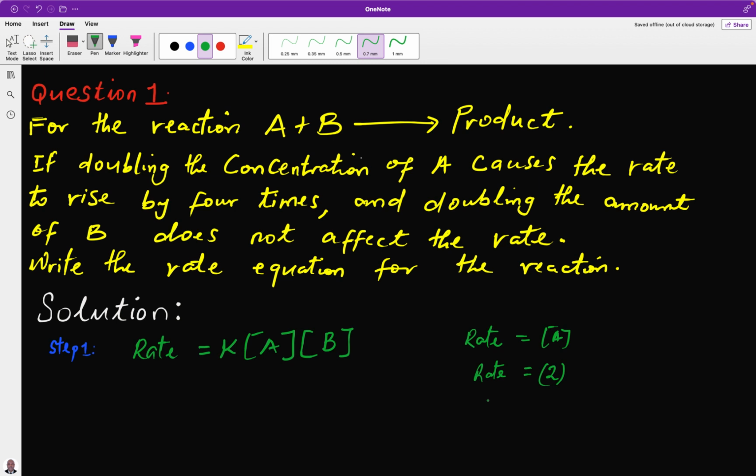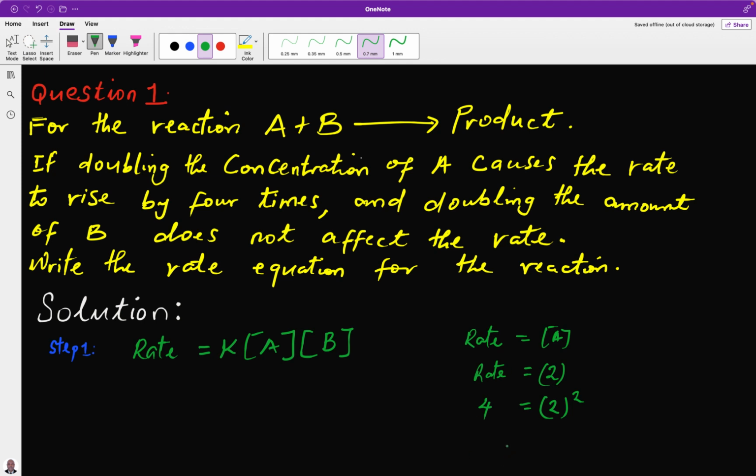If the rate rises 4 times, let's say rate is 4, then 2 to the power what will give 4? 2 to the power 2 will give 4.